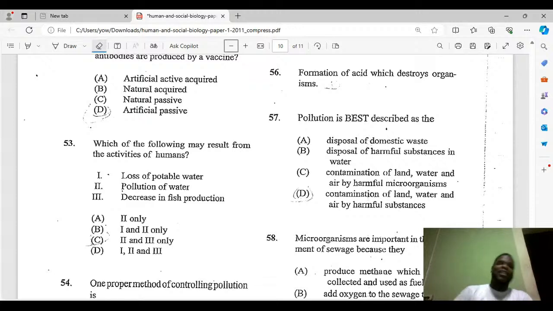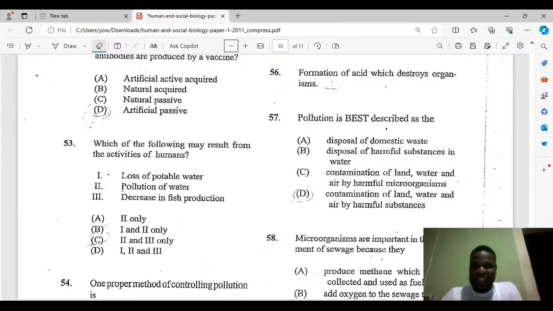So D is right. 57, pollution is best described as contamination of land, water, air by harmful microorganisms? Is it disposal of harmful substances in water? Is it disposal of domestic waste? And this answer would be between C and D. Can't be C because pollution is not about microorganisms, it's about harmful substances.